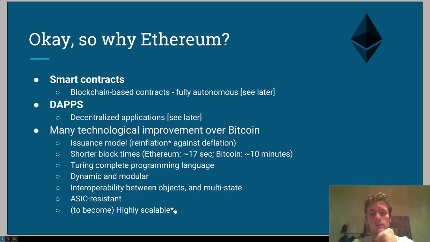It is to become highly scalable. That's why there's an asterisk here. That's what's planned for Ethereum 2.0. There is a white paper by the founder Vitalik Buterin on scalability, and it is really quite a technical challenge to do.